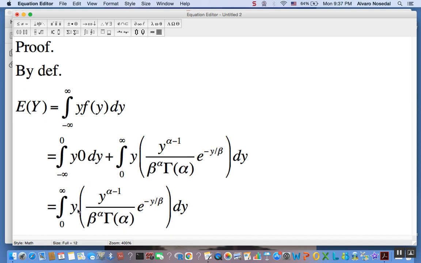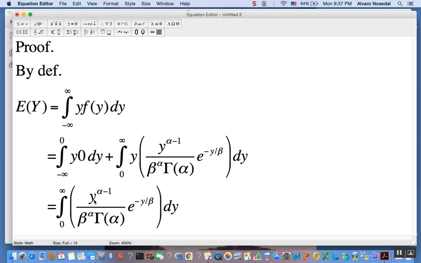What if we rewrite that like this? It's the same. So y times y to the alpha minus 1 is the same as y to the alpha plus 1 minus 1, right? No problem.